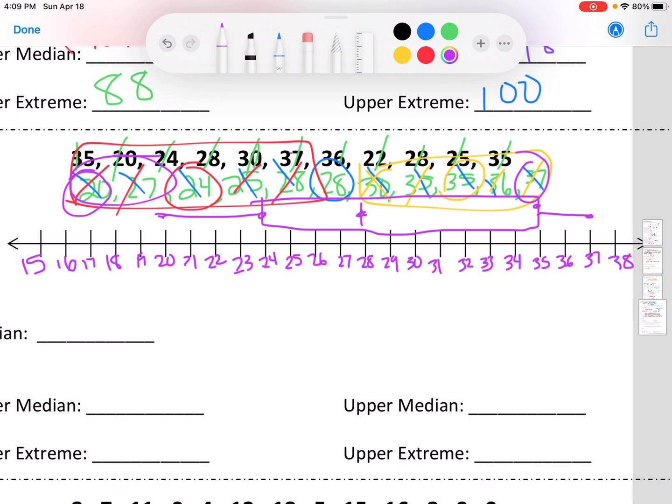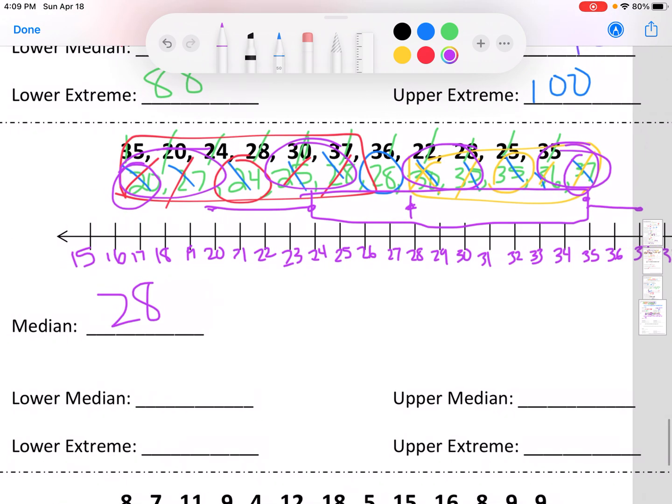There's 2, 2, 2, 2. So my median's 28. My lower median, or my first quartile, is 24. My lower extreme is 20. My upper median, or my third quartile, is 35. And my maximum, or upper extreme, is 37.